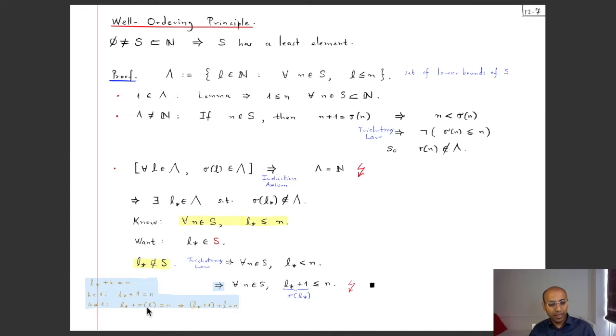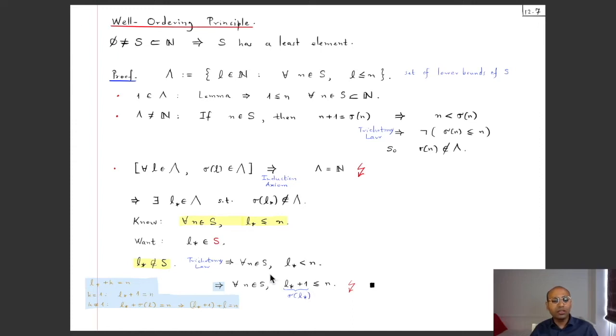But this sigma L is L plus 1, and that 1 that you get, you can attach to L star. So you get L star plus 1 plus L is equal to n. In other words, to L star plus 1 you have to add a natural number to get n. So L star plus 1 is strictly less than n, so it's certainly less than or equal to as well.